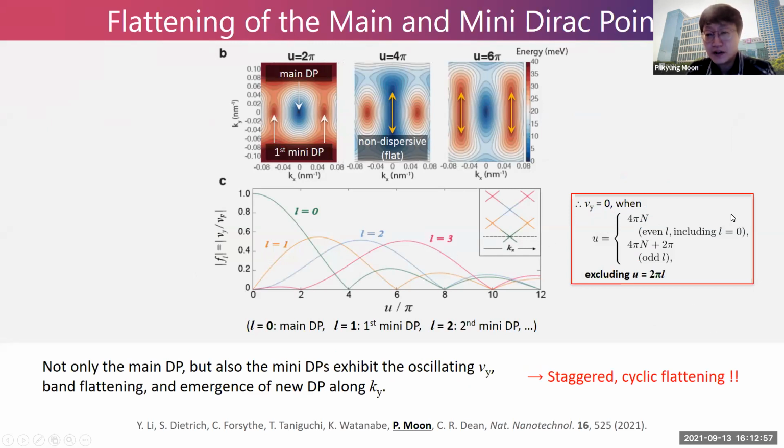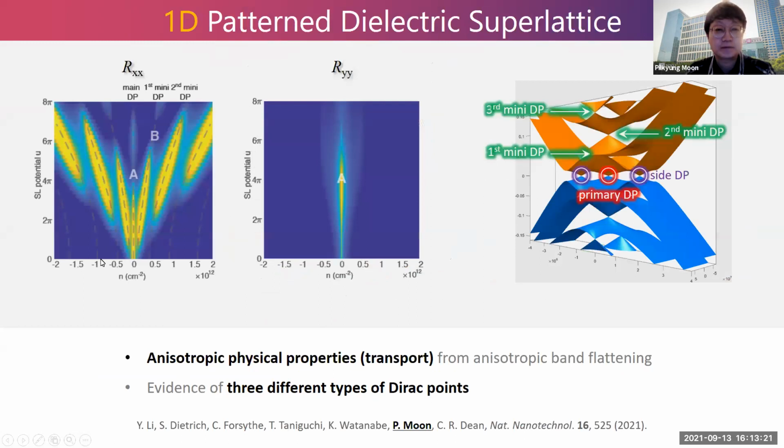I theoretically show that those satellite Dirac points are also flattened with respect to the potential strength, and they appear in a staggered way. Say, if one Dirac point is flattened, another Dirac point is flattened at another chance, and so on. This gives the scale-like pattern in the RXX profile.